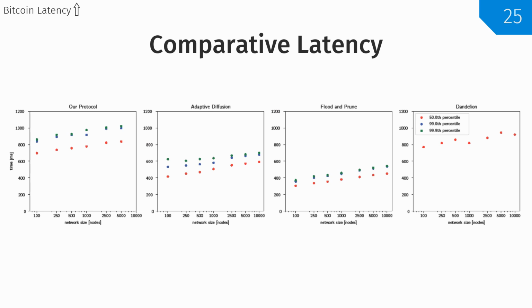For Dandelion, a competing protocol that's only using statistical privacy, we can see we have a 50th percentile of 800 milliseconds. The 99th percentile is not shown as it is way above the top of the screen, as Dandelion applies statistical methods that cannot be terminated directly.